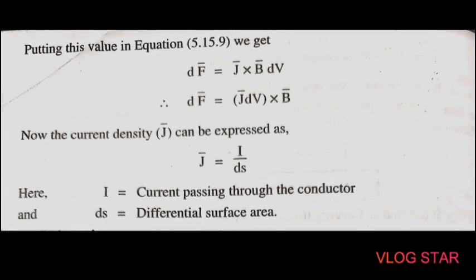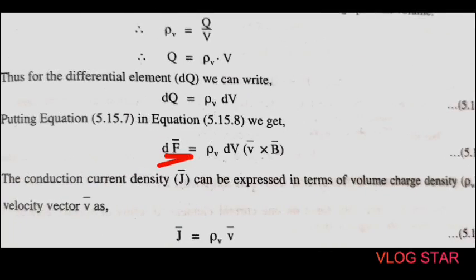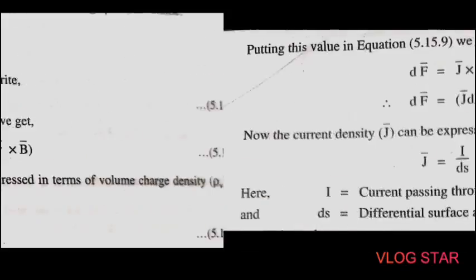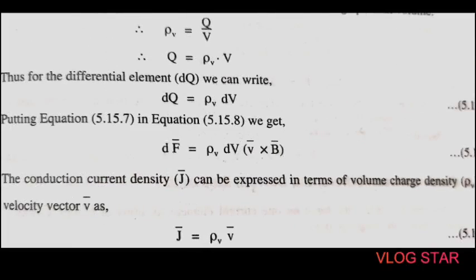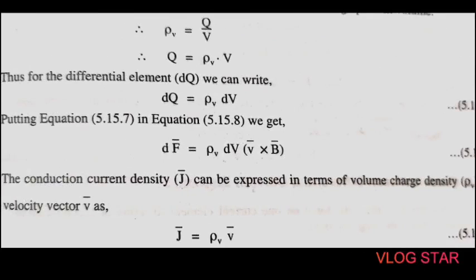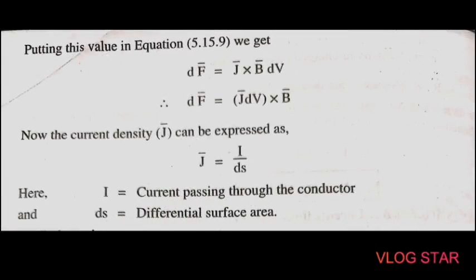So here we can write dF bar, the left hand side is dF bar as it is, then this rho V into V bar is equal to J bar, that is the conduction current density J bar, then the remaining term dV cross B bar is as it is. Okay, so here now we can see dF bar is J bar into B bar into dV.